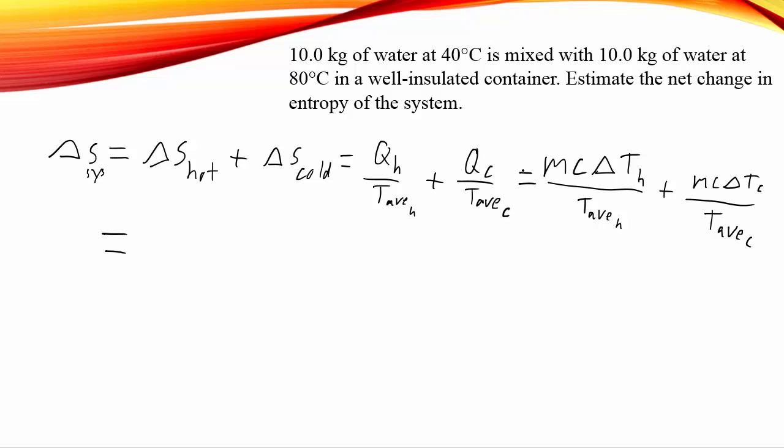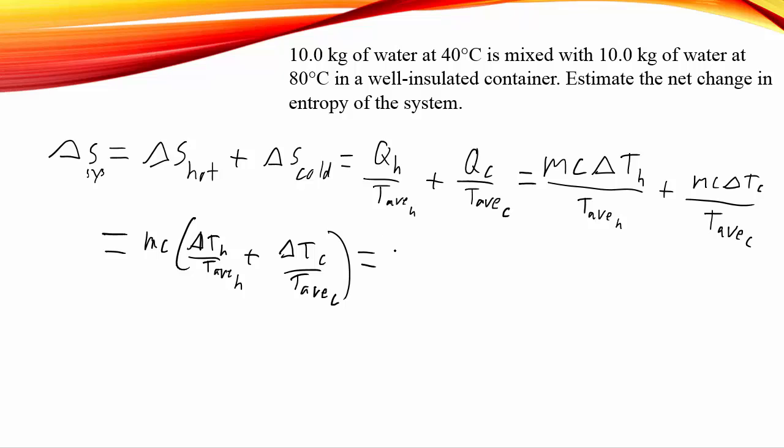Coming back over here, if we factor out that MC, there's an ugly M, but then you're going to have delta T hot over average temperature hot plus change in temperature of the cold over the average temperature of the cold. Looks like my H went away. Alright, now we can start plugging in numbers and thinking about changes and averages and whatnot.